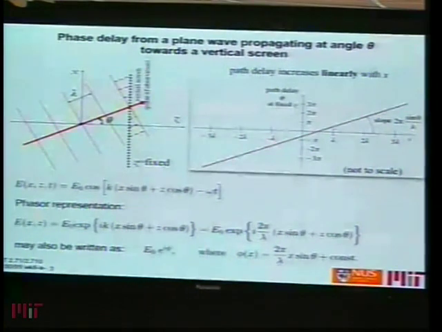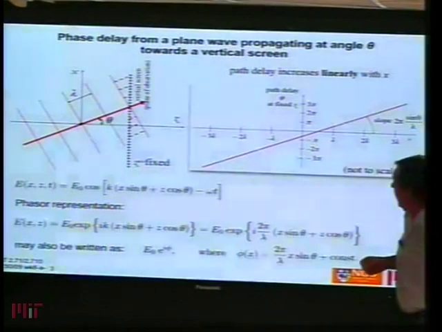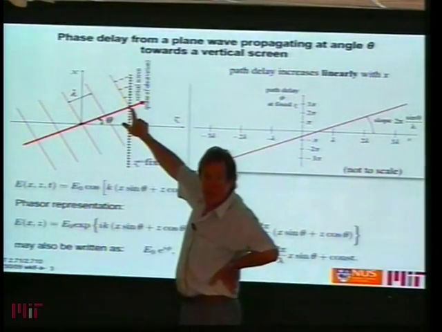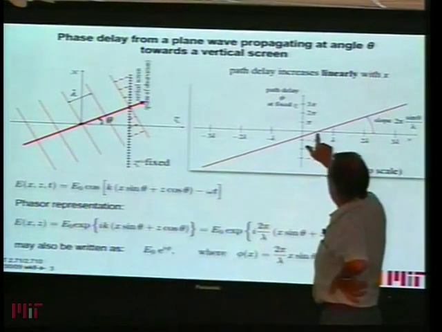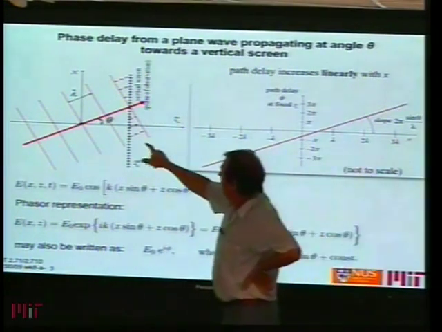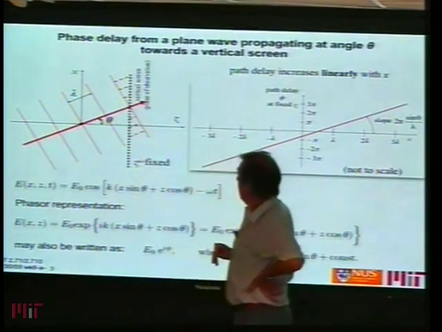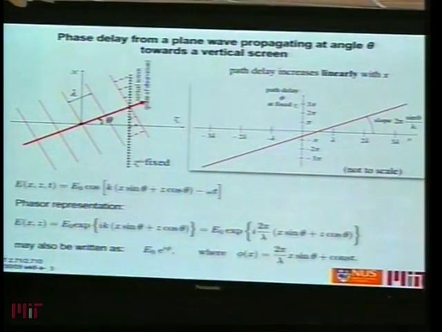As it says here, the path delay increases linearly with x. So there'll be somewhere where this arrives at a phase of 0, which I guess is this point here. And then on one side, the phase is going to be positive and negative according to which way you go. So mathematically, this is how we express this.